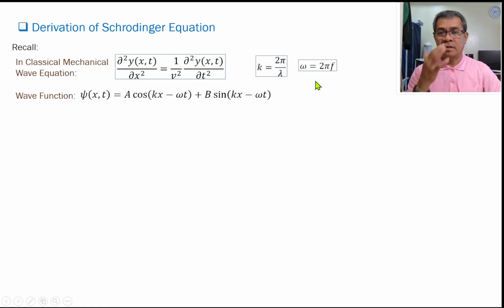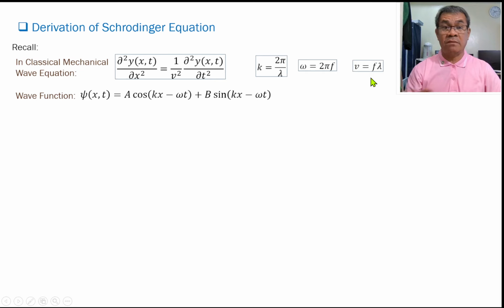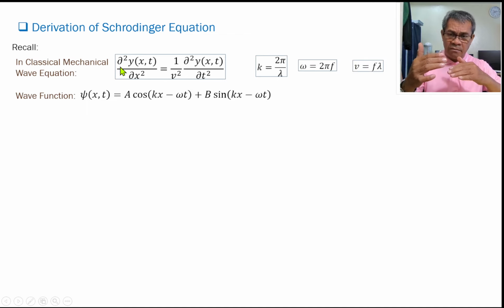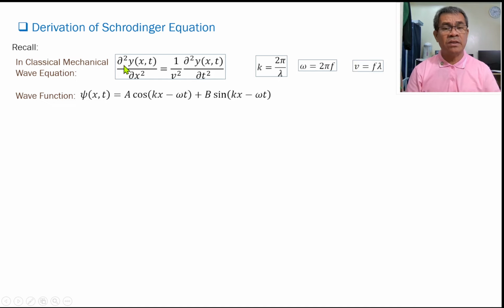Then the speed of the wave should be the product of the frequency times the wavelength. So in order for the function to become a wave function of the mechanical wave equation, there are some requirements.